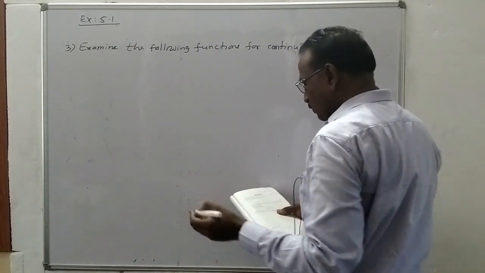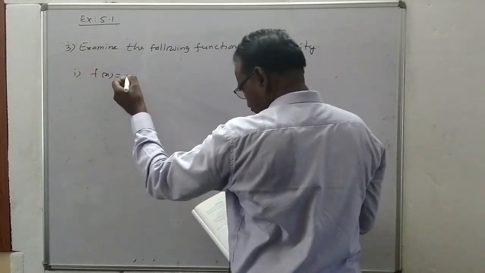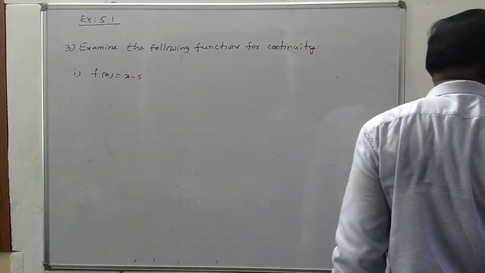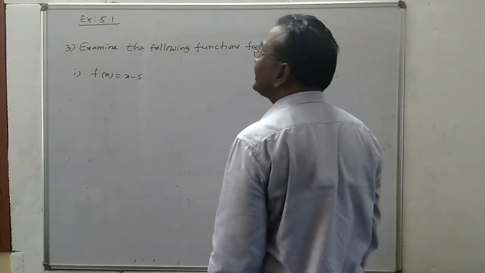In which the first problem is f of x is equal to x minus 5. So examine the continuity of the function. Here f of x is equal to x minus 5.